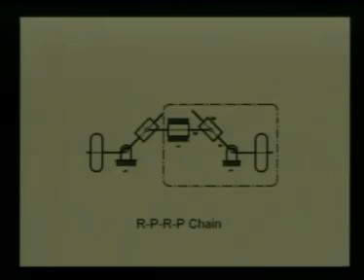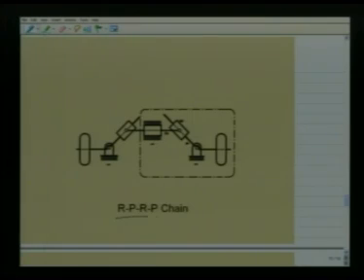Now that we have discussed different inversions from a RRPP chain, let us go back to another 2R2P chain, namely the RP-RP chain. We consider here only the portion covered by these dashed lines. This is the part of an automobile steering gear known as Davis steering gear. Here, as we see, there is a revolute pair between link 4 and link 1.